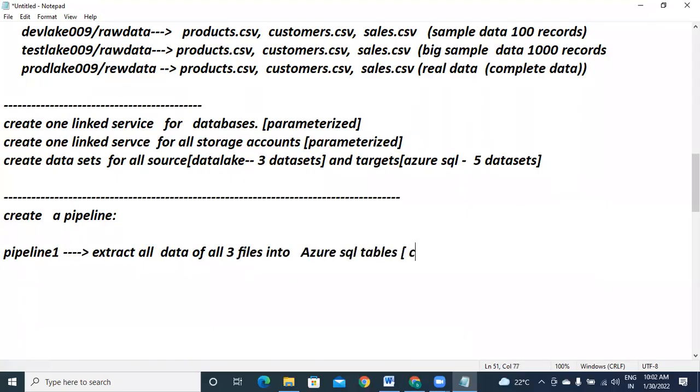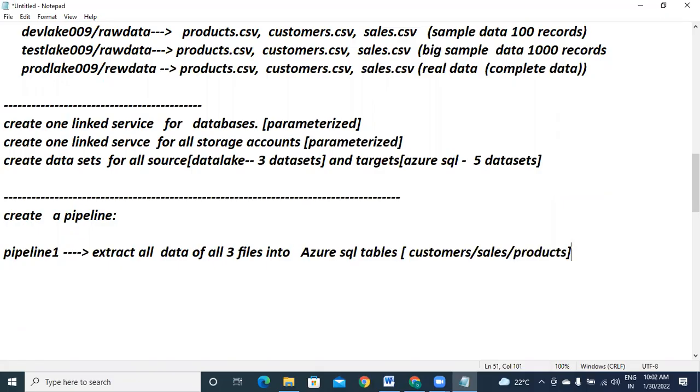For what tables? For customers, one more table sales, one more table products. Got it. By using a single pipeline, I want, sir. I'm not asking for 3 pipelines. Sir, did you understand my question?